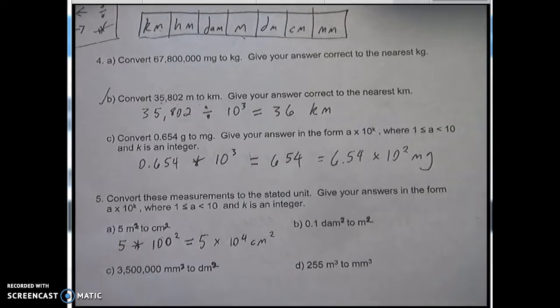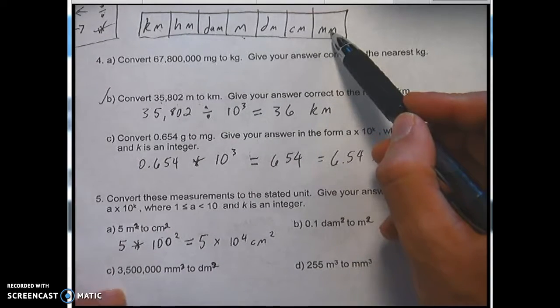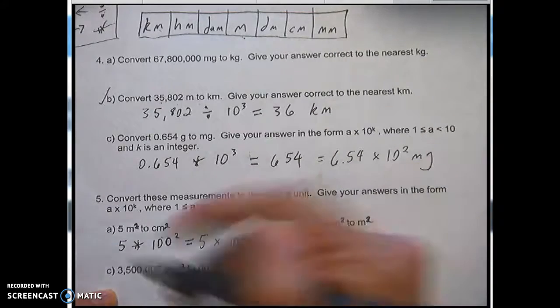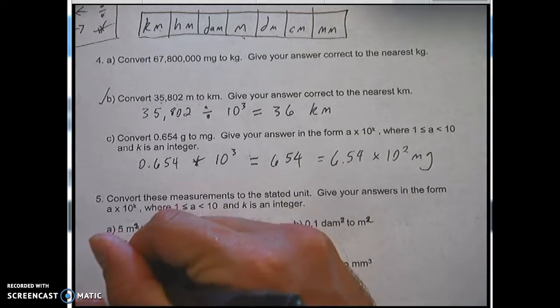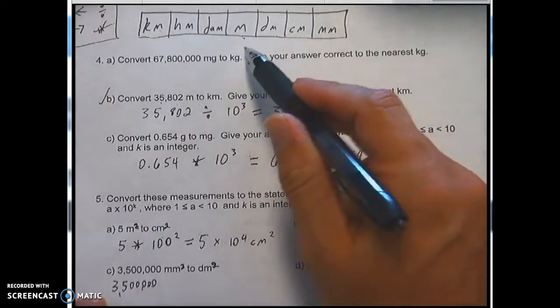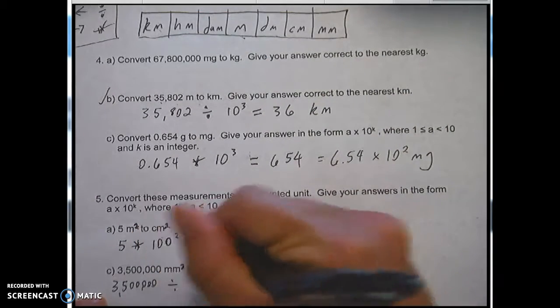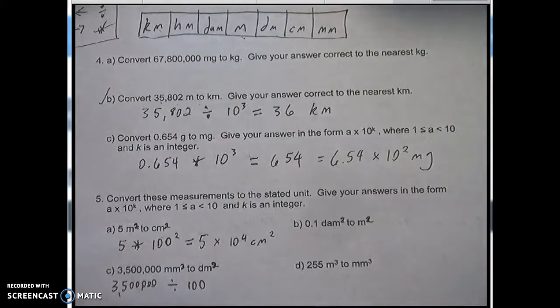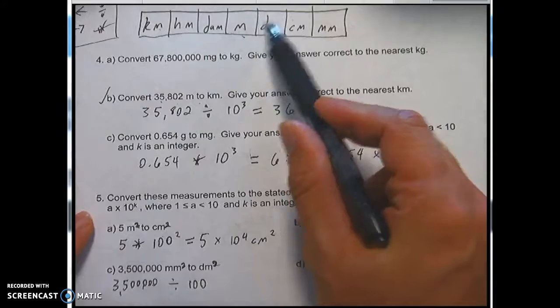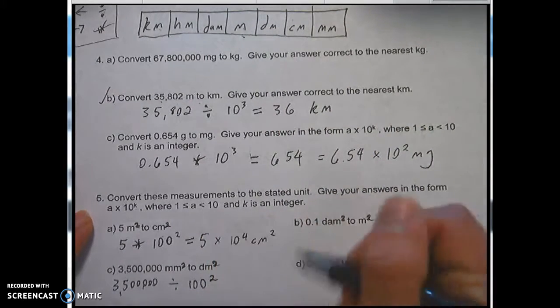Alright? What if we were moving from millimeters in part C to decimeters squared? Well, then I would take that 3.5 million, and moving to the left is division. It's in square units, so I'm going to use 100, and I went over 1, 2, so I'm going to square it.